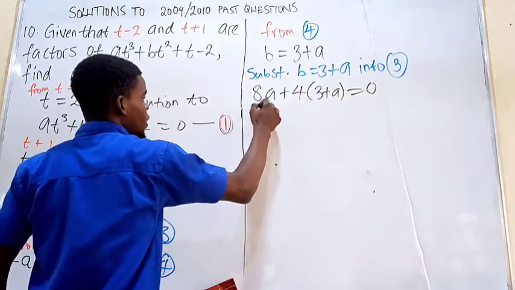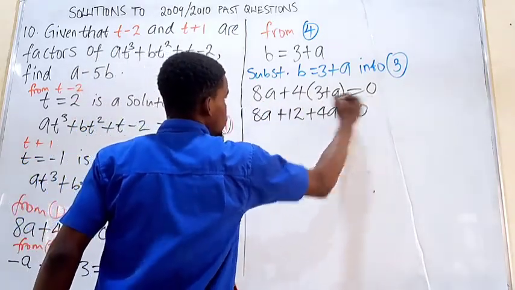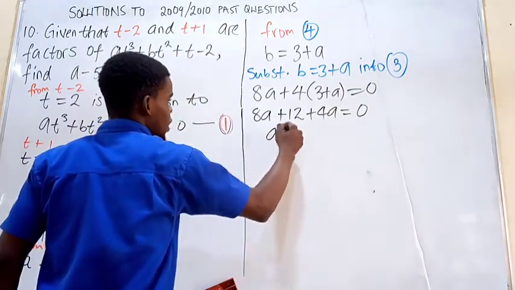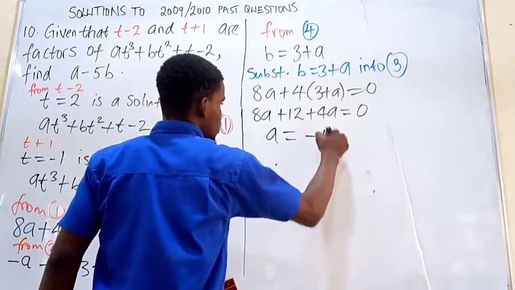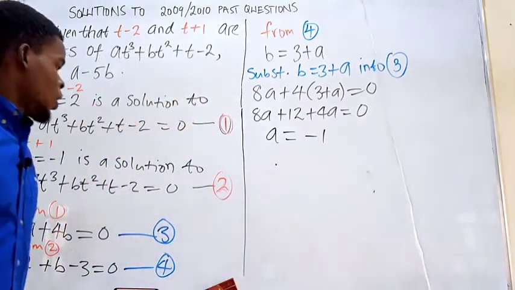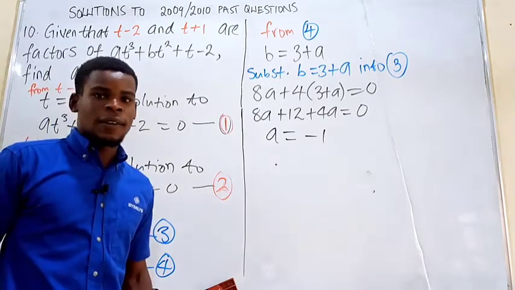So from here we have 8a plus 12 plus 4a equals 0. So 12a equals negative 12, that is just negative 1. So we have the value of a to be negative 1.